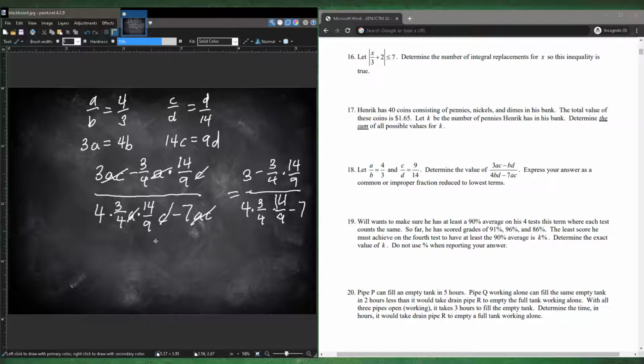We get 11 over 6. Sorry about that. Divide by 4 times 3/4 times 14 over 9. That's 14 over 3 minus 7, which is negative 7 over 3. Dividing by a fraction is multiplying by its reciprocal, so times negative 3 over 7. Cancel out the 3, so that's a 2. So that's negative 11 over 14.